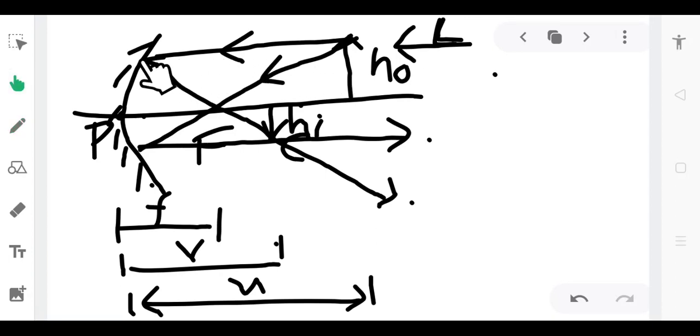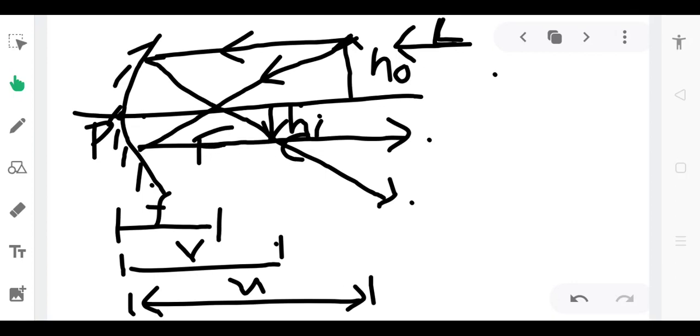Now I should know the sign convention for the distances: focal length, image distance and object distance. When measuring a particular distance, we should always start moving from the pole to the destination. If I want the focal length, I start from the pole and reach the focal point.